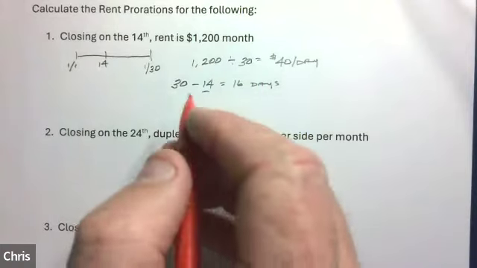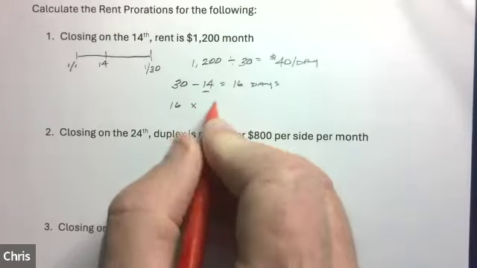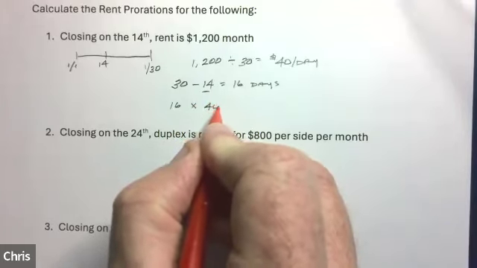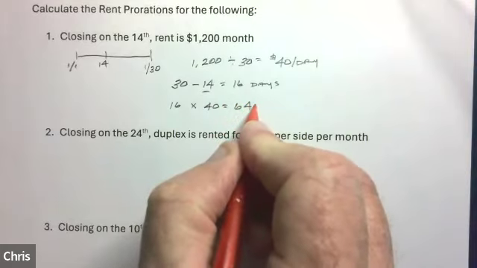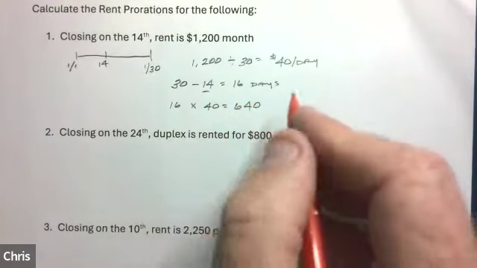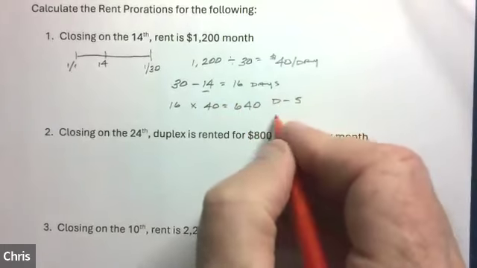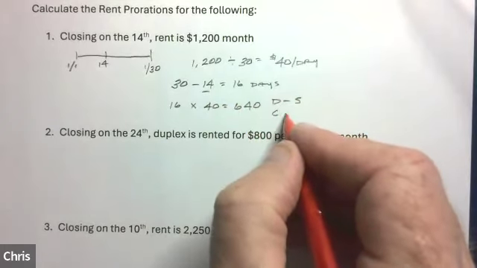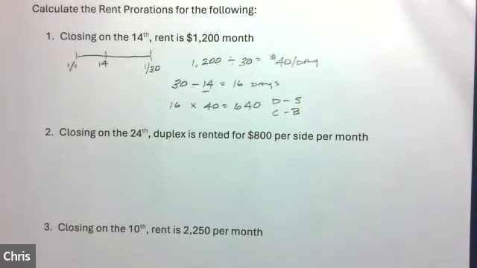And so what the buyer will get are the 16 days at the end of the month times $40 per day, $640. And if you say, well, where's that money going to come from? Well, we're going to debit it from the seller. Why? Well, the seller already has the rent for the month. So we're going to take it from the seller and we're going to give the exact same amount, 640, to the buyer.